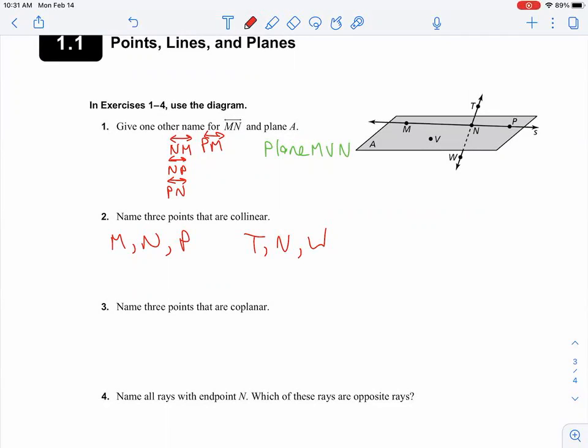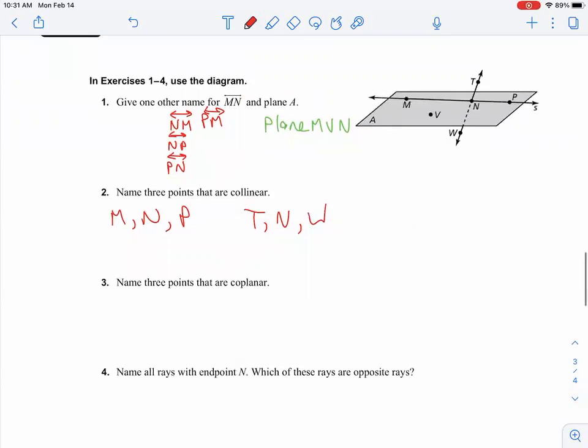Well, that's kind of like naming the plane. So M, V, and N would be 3 coplanar points, meaning on the same plane. So if I'm looking at the gray plane, I do not want to include W because that's below the plane. I do not want to include T, that is above the plane.